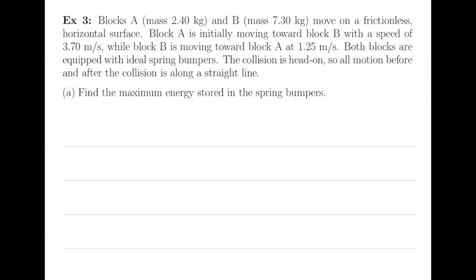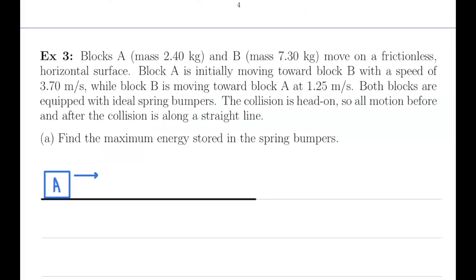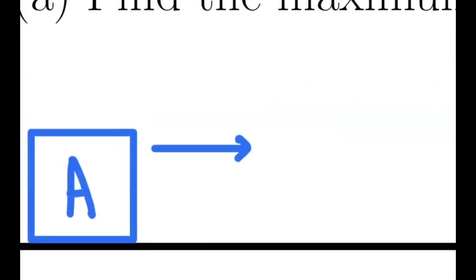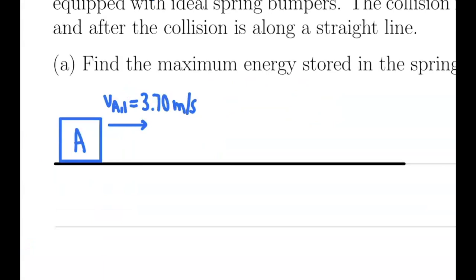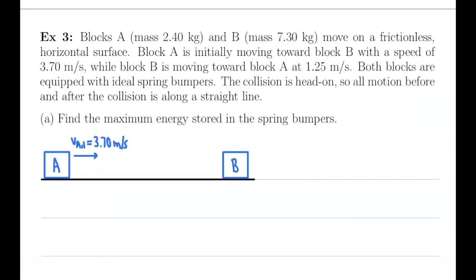Let's draw a picture. So we have A, and it's moving with a speed initially of 3.7 meters per second. I'm going to call this VA1. And we have block B moving towards block A with a speed of 1.25 meters per second.